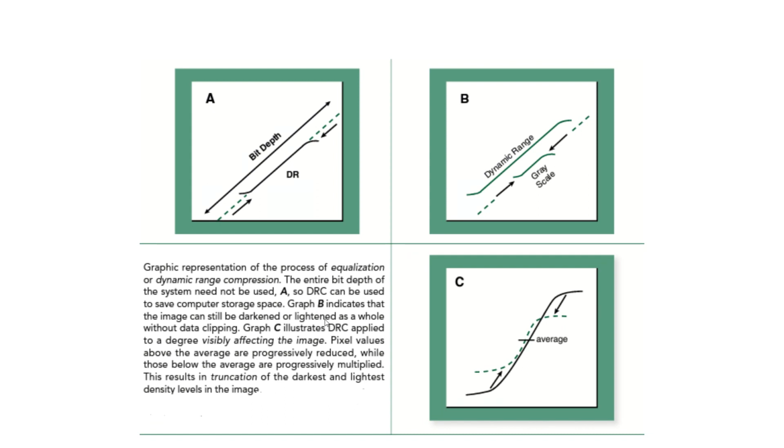And C shows you what happens if you actually do too much of this. If you really split it in half, at an extreme example, if you make all the brightest, not just that, but even some of the lighter grays, all one bright white level, and all the darker ones, all one dark, then you get just two contrasts.